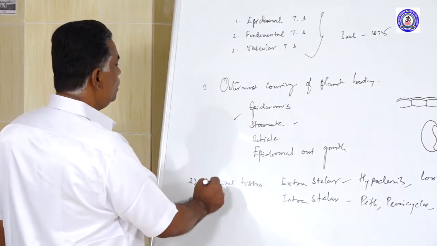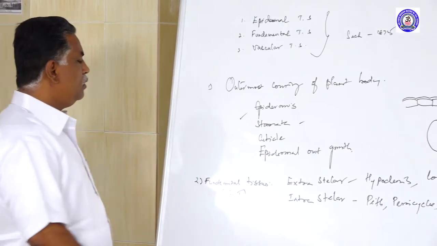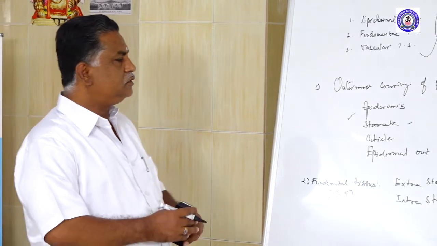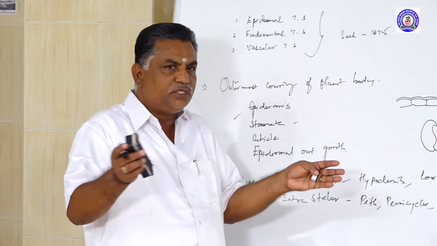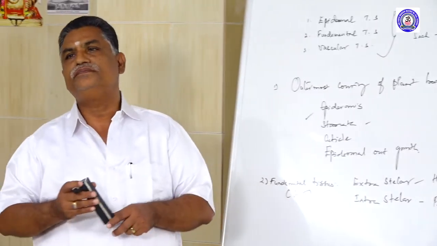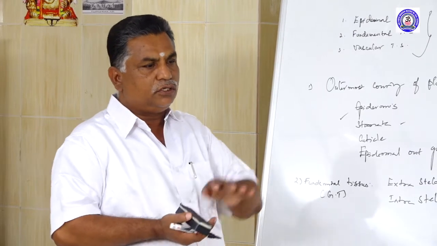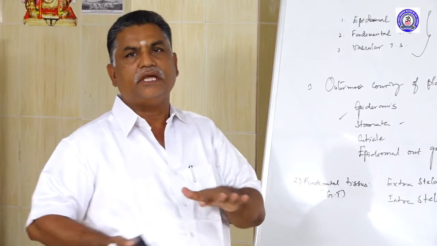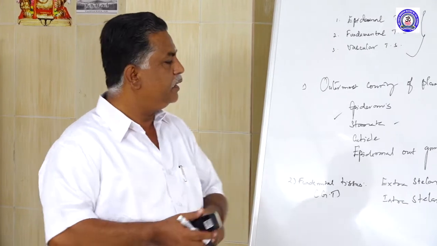Fundamental tissue is also always called ground tissue. This is the actual tissue that positions all the vascular tissues inside. Epidermal tissue gives protection. Fundamental tissue fills the gap inside, in which the vascular tissues are located.